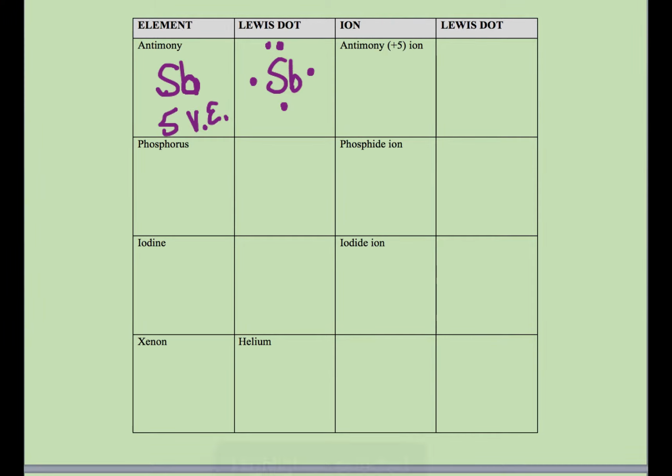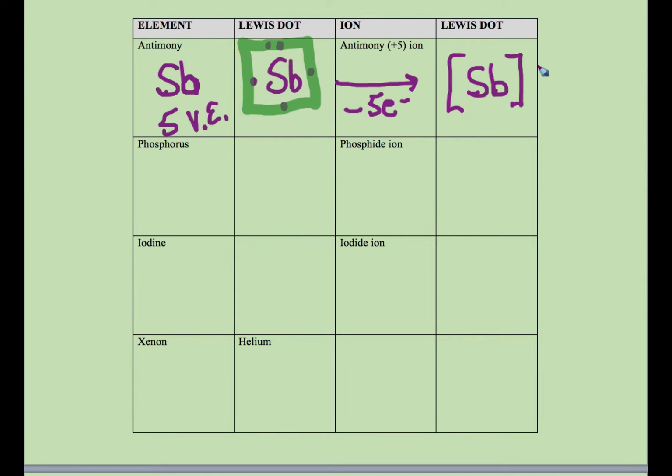Don't draw the square, but you can envision a square around the symbol, like that. Okay, and antimony has 5. To become the +5, it's going to lose all 5. +5 is less negative, so you're going to lose 5 electrons. It's an ion, so you must indicate that with brackets and a charge.